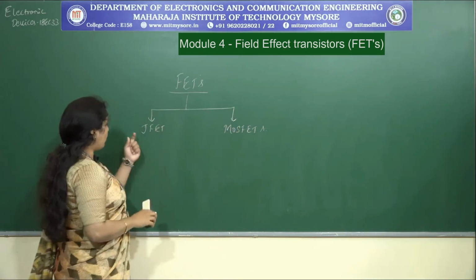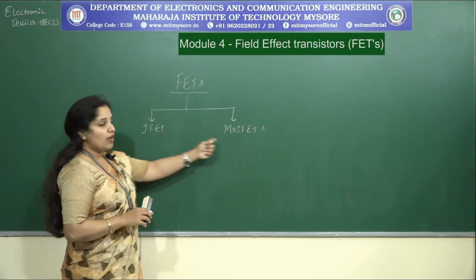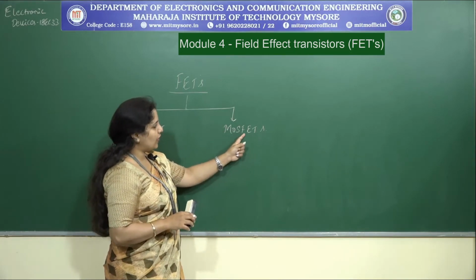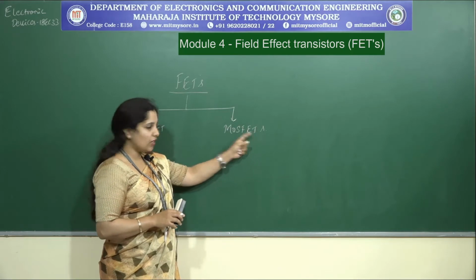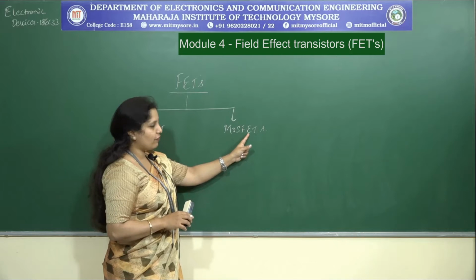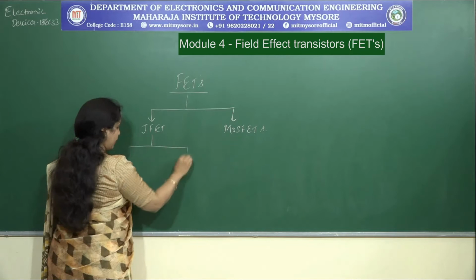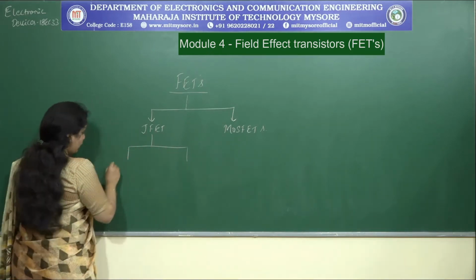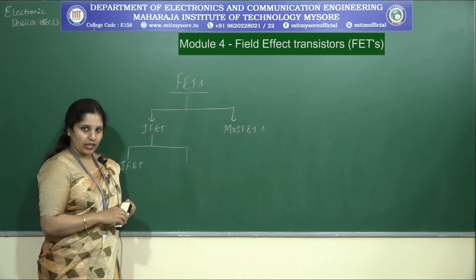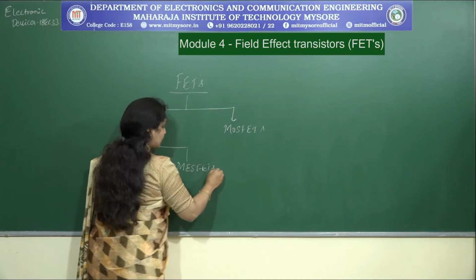Now, the full form of JFET is junction field effect transistor, whereas MOSFET stands for metal oxide semiconductor field effect transistor. Let me repeat, metal oxide semiconductor field effect transistor. Done? Now, when I consider the JFETs, the one type that we have is the PN JFET, whereas the other is referred to as MESFET.